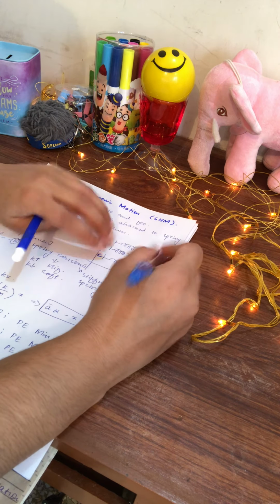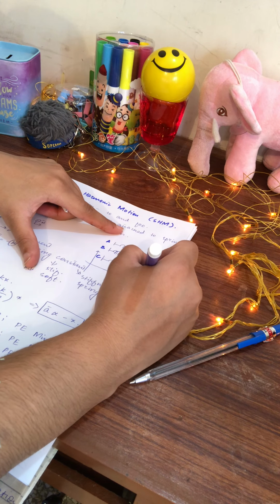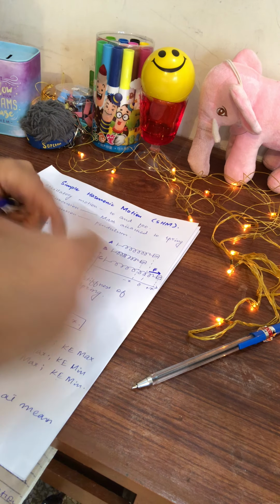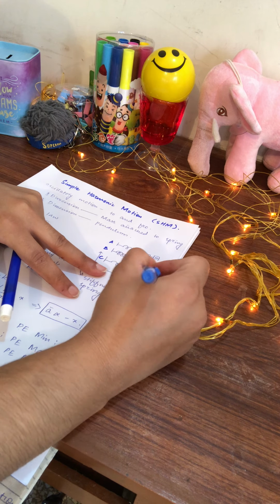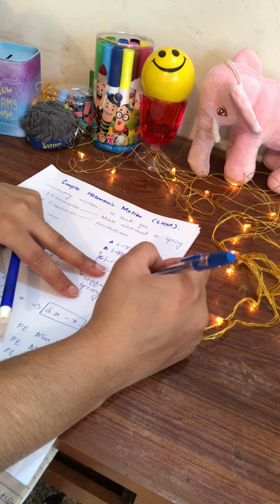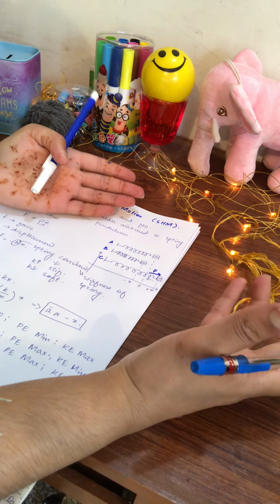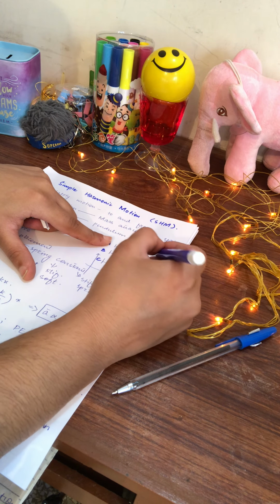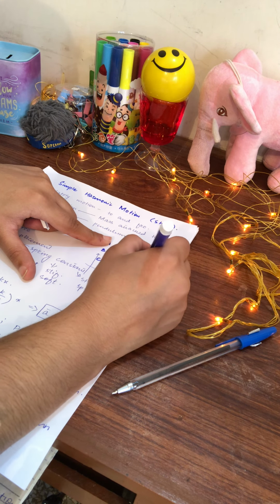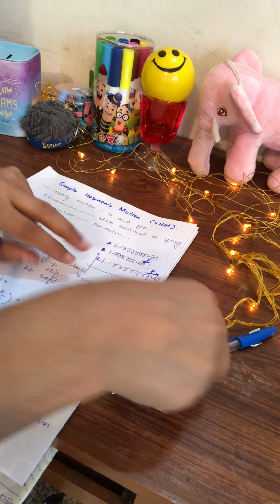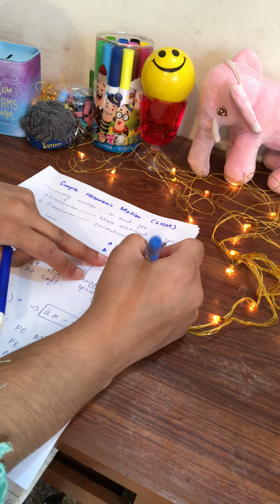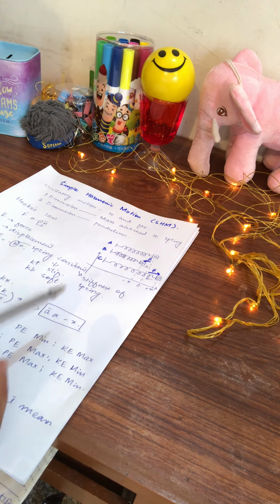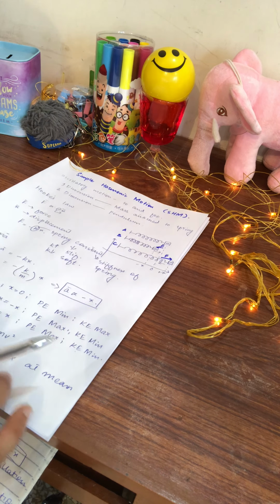When we stretch a spring in the outward direction, it would try to restore itself towards the mean position, and similar is the case here. Here restoring force is towards the mean position, and here as well. So that is why we can say that acceleration is always directed opposite to the displacement.